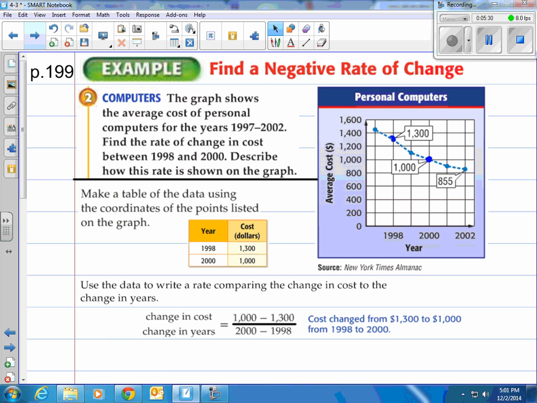So we take the 1,000 and we subtract the 1,300. We also take the 2000 and subtract the 1998. When you do that, you'll see we have a negative 300 on top and we have a 2 on the bottom.